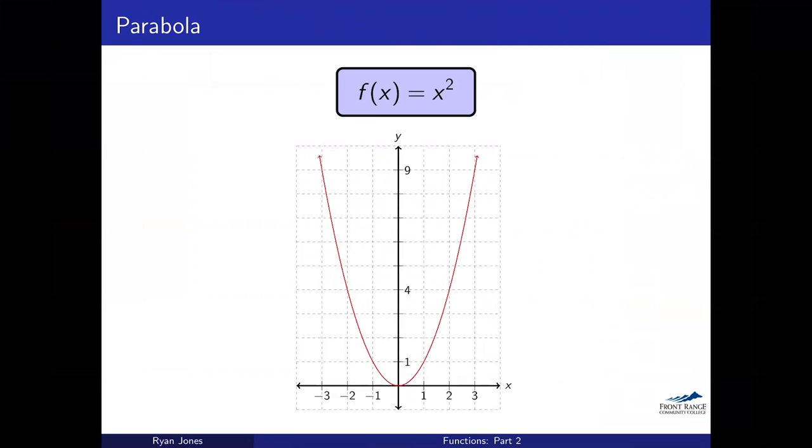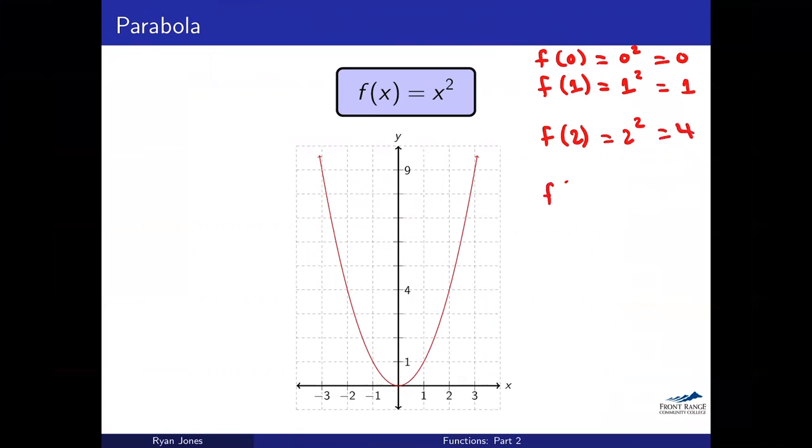And as you might expect, if I have f of x equals x squared, f of 0 is going to be 0 squared, which is 0. f of 1 is going to be 1 squared, which is 1. f of 2 is going to be 2 squared, which is 4. f of 3 is going to be 3 squared, which is 9.